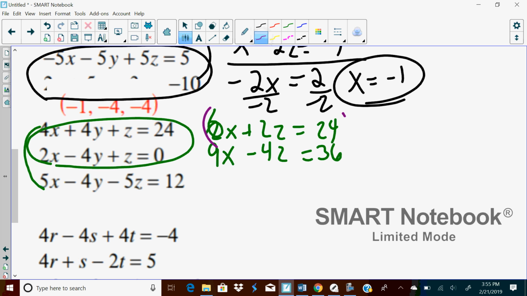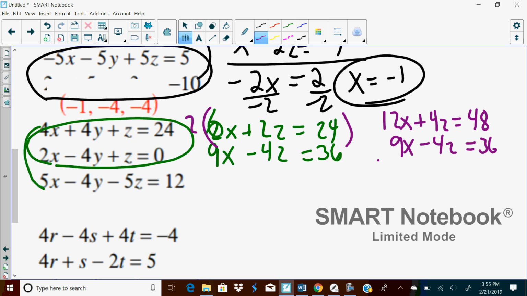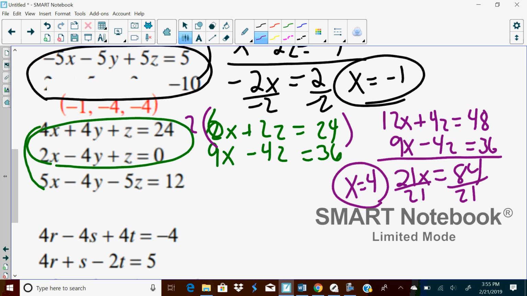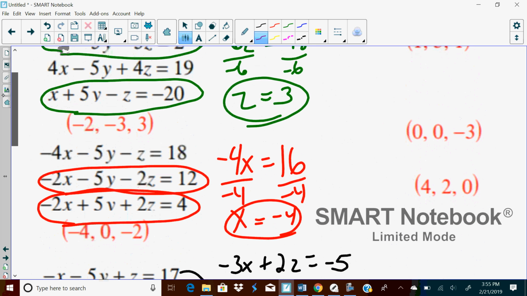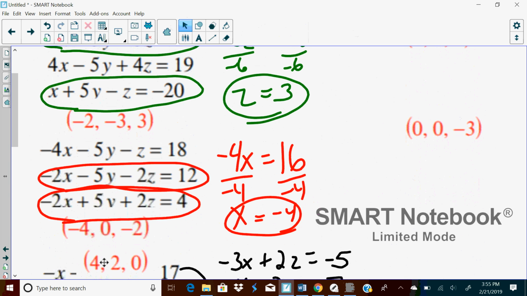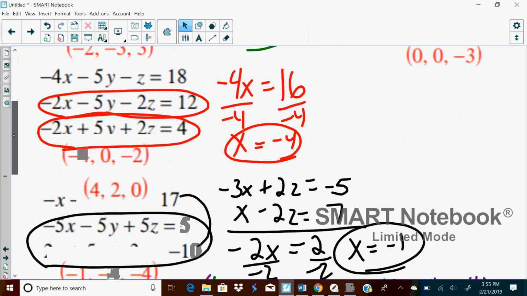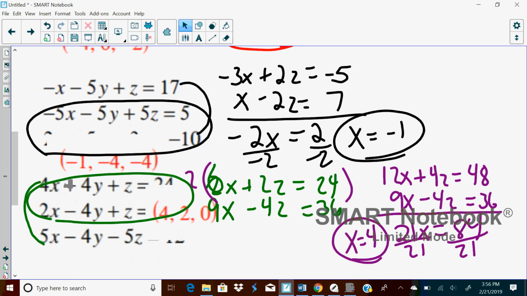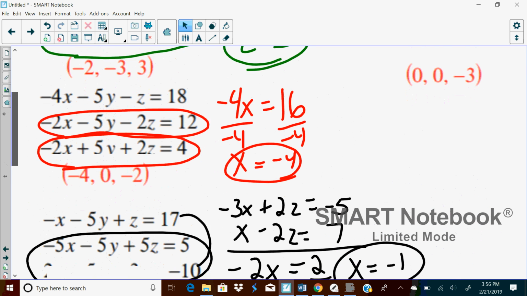So I multiplied the top by 2 to get the z's to cancel out. I got 12x plus 4z equals 48, and 9x minus 4z equals 36. Combining those, I ended up with 21x equals 84. So I got x equals 4, and that gave me this one right here to match.